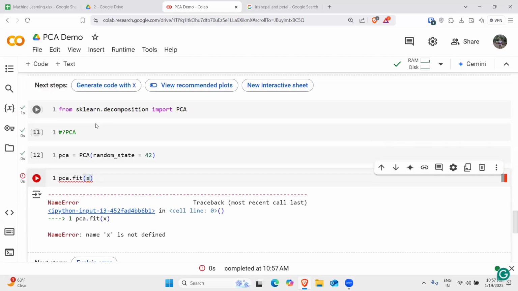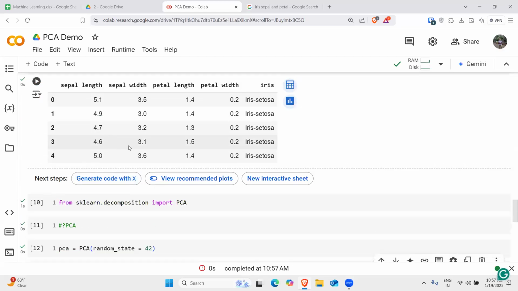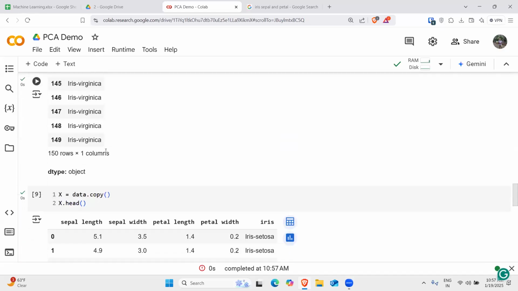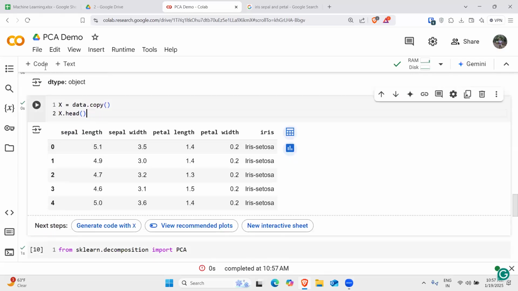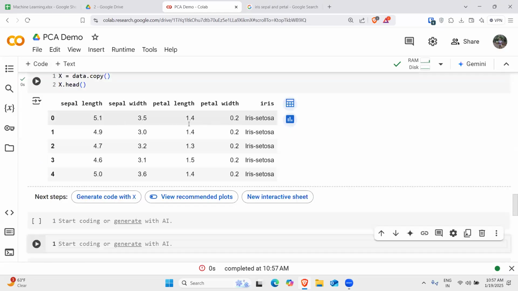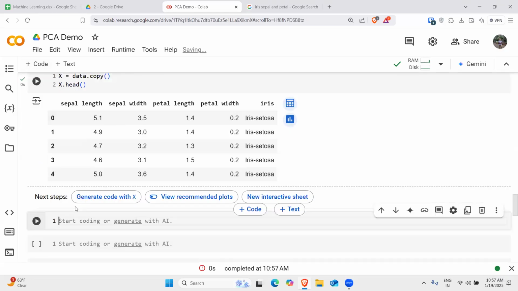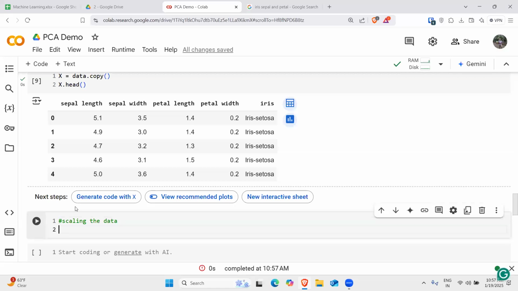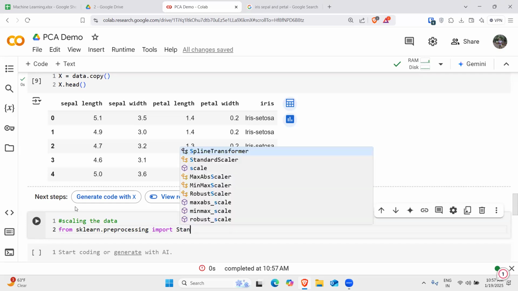Now, first of all, do we have a requirement for scaling? Yes or no, guys? This is 2 digits, 1 digit, 1 digit, but all the columns are not in a single range, right? So we'll do the scaling of the data. I'll write scaling the data, and from sklearn.preprocessing I'm going to import StandardScaler, right?